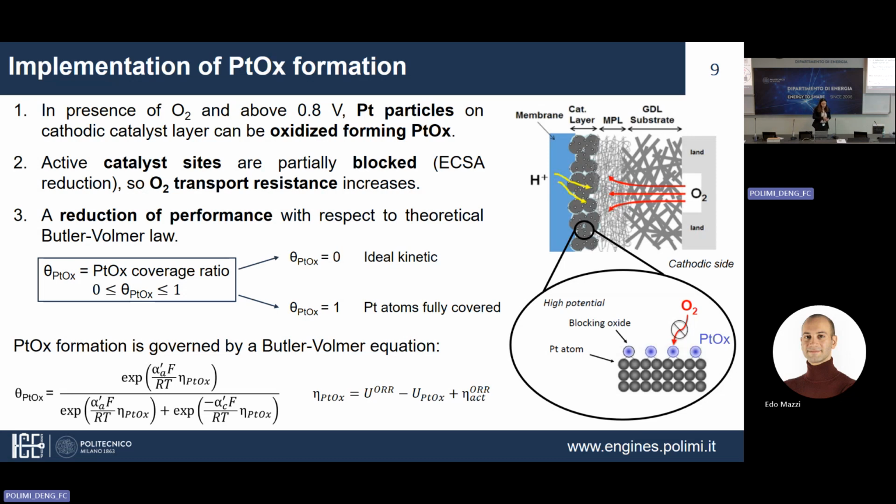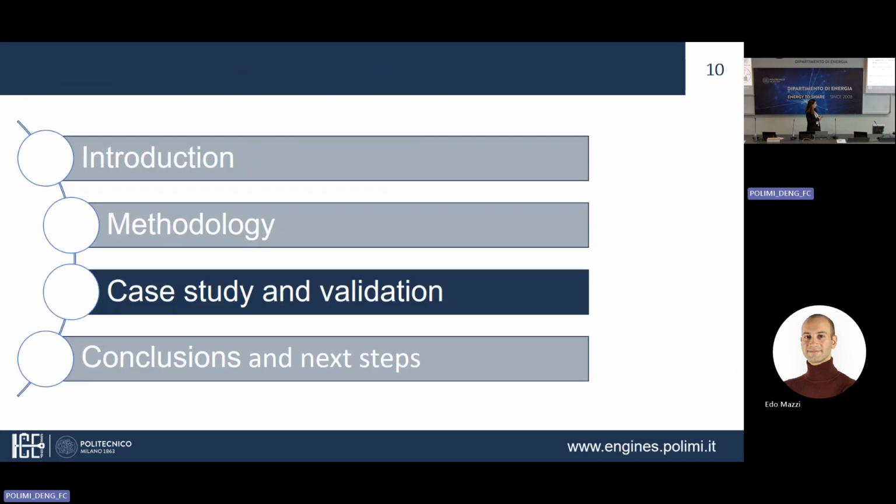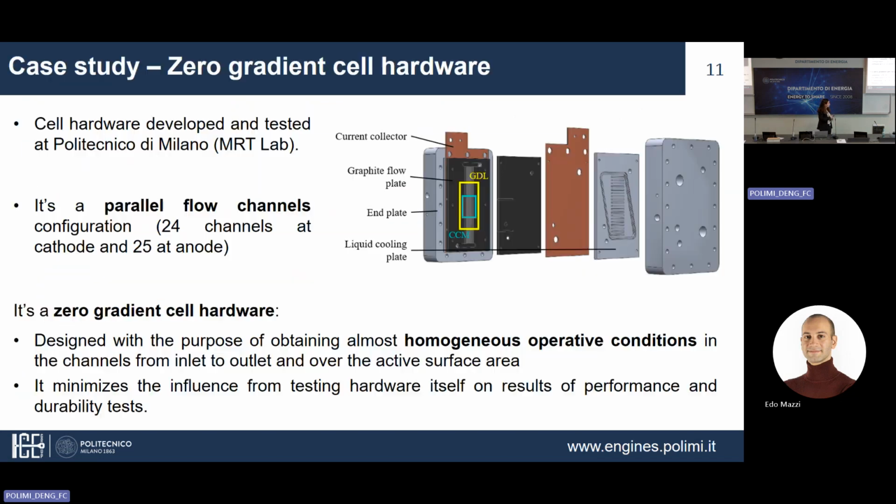We take into consideration that the formation of platinum oxide follows a normal equation, so we compute the reaction rate, and by using this factor inside our Butler-Volmer equation, we were able to take this relation into consideration.